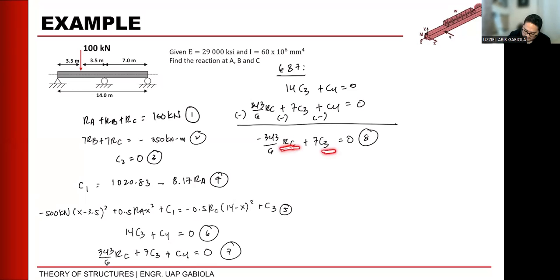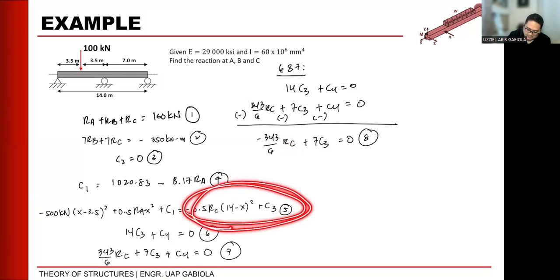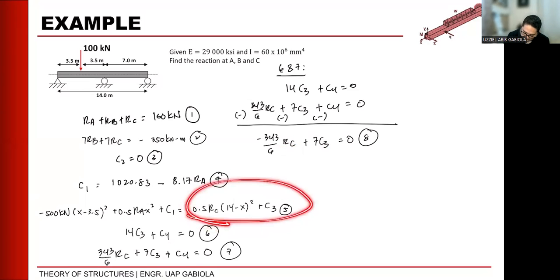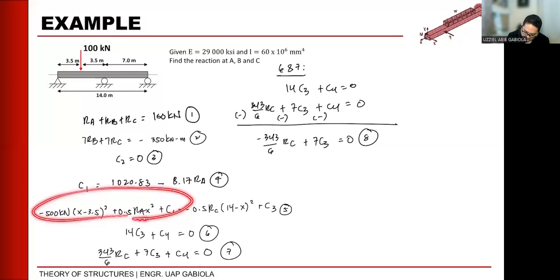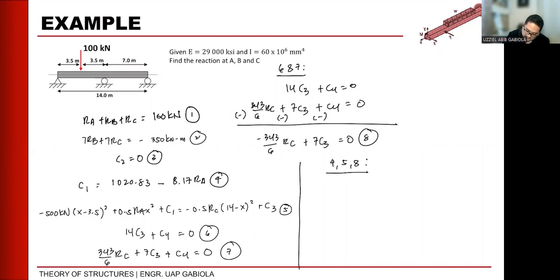Anong formula yung may RC and C3? So itong formulang to, no? Yung relationship na to. So pwede nating i-relate yun dito. Okay? And dito magagamit naman natin mamaya si C1, no? Para dito sa RA natin. Okay? So gamitin natin yon. So using equation 4, equation 5, and equation 8. Dito. Ibig sabihin, si C1 na value, sa-substitute natin dito sa C1 dito.